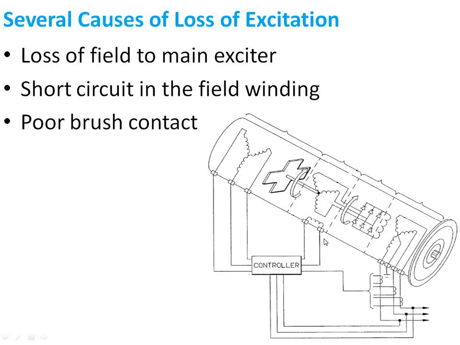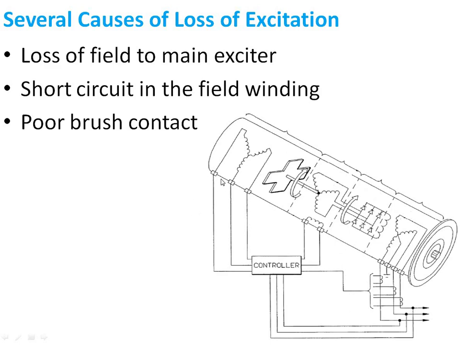In the case of a brushless or the regular generator, there is a short circuit in the field winding. Because of that, output is not generated, DC supply is not generated, so there is a failure of the output of the generator.